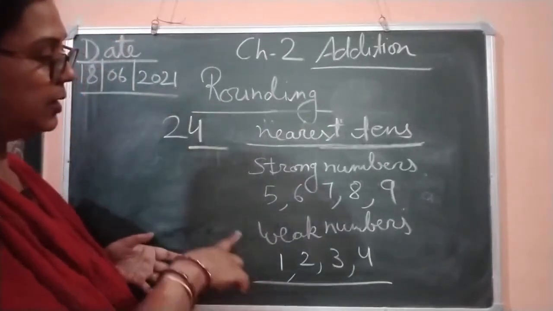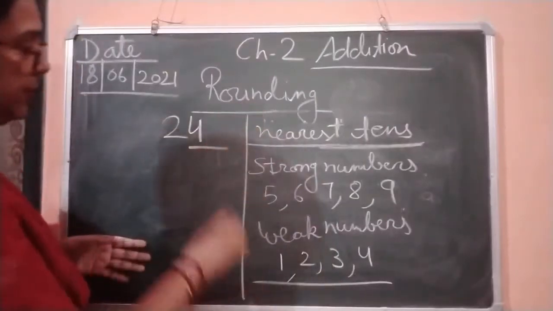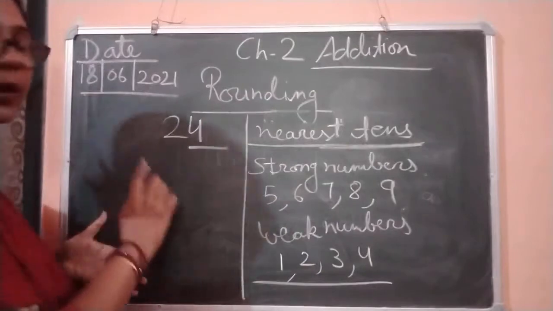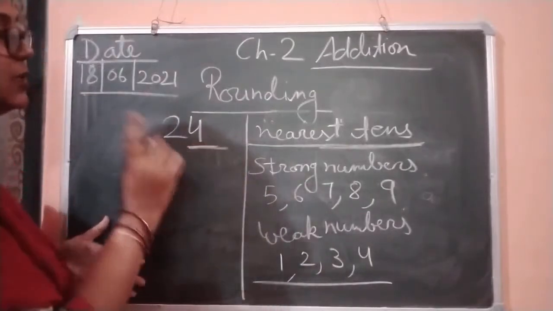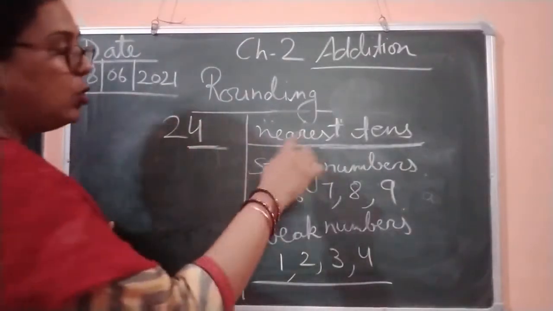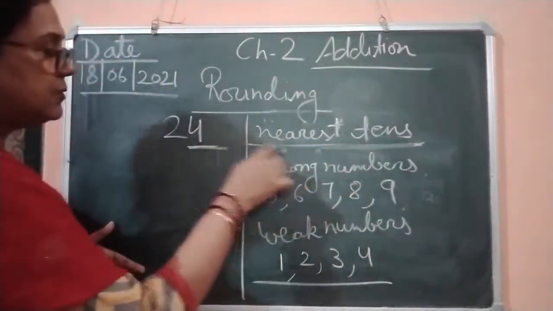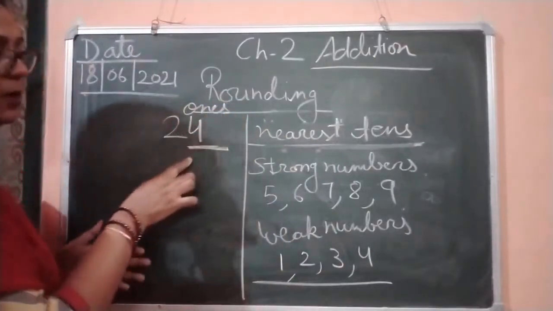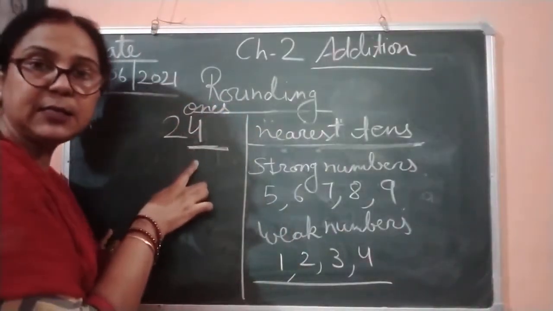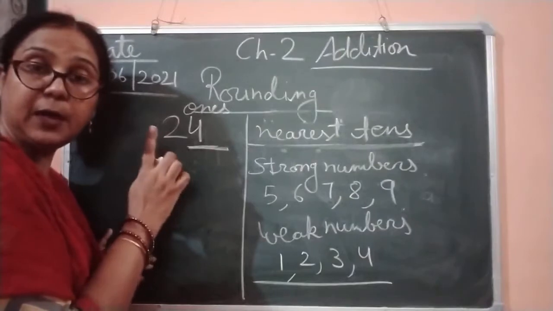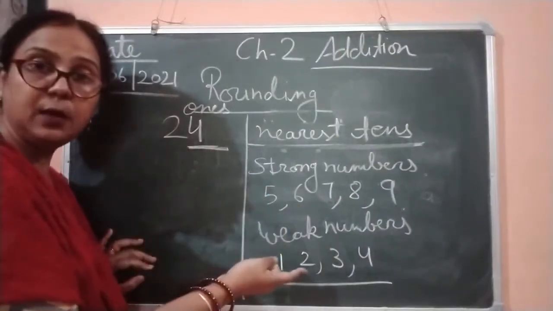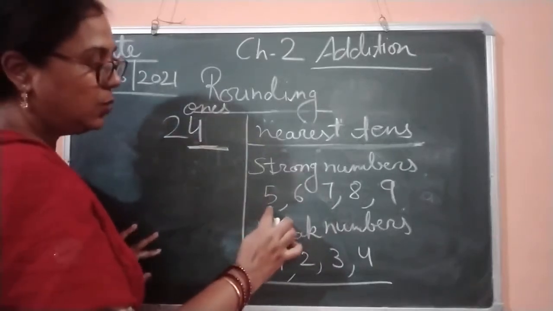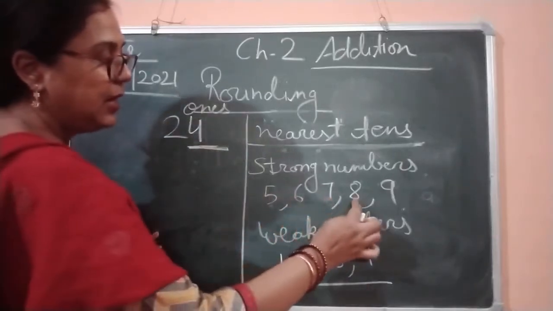Now here children, if we are going to round off this number to the nearest 10, first we will see the ones place, and whether this number is strong or weak. Strong numbers are 5, 6, 7, 8, 9.